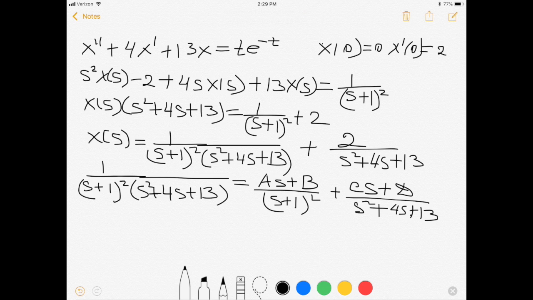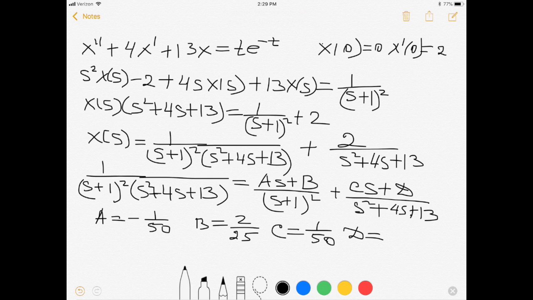After solving, you have a equal negative 1 over 50, b equal 2 over 25, c equal 1 over 50, and d equal negative 1 over 25.